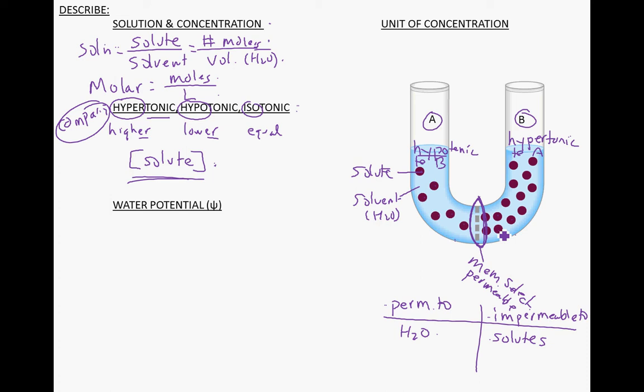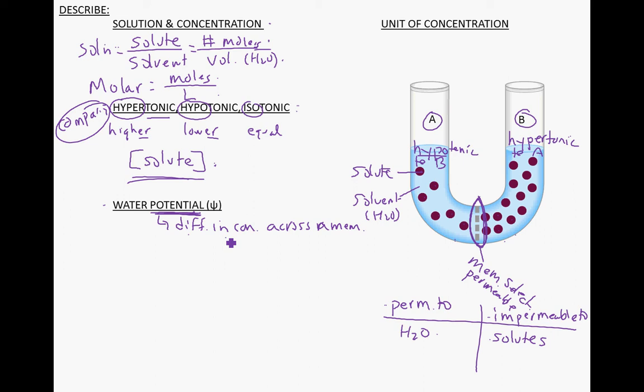Let's move on to talking about this water potential thing down here for a second. This is where anatomy and physiology people are going to be a little happy, as there's some overlap. A potential is defined as a difference in the concentration of something across a membrane.